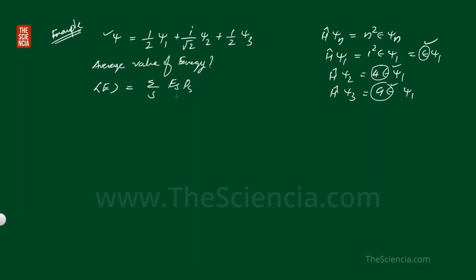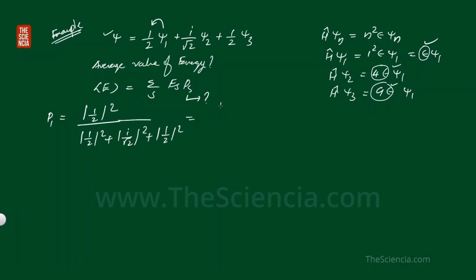Now we have to evaluate P_s. First we have to evaluate P1, that is equal to the modulus of the amplitude of psi 1, that is 1 by 2 square, divided by 1 by 2 square plus i by root 2 square plus 1 by 2 square.